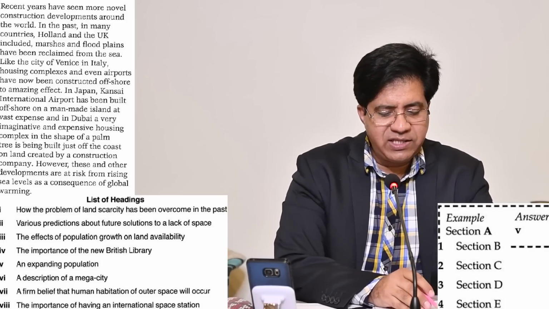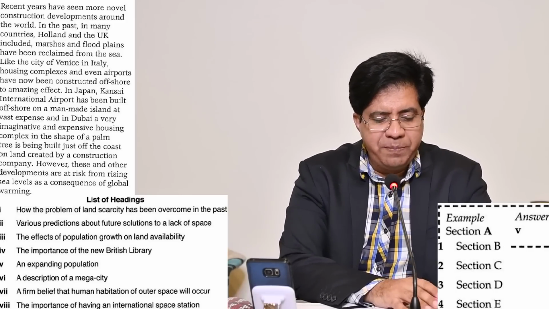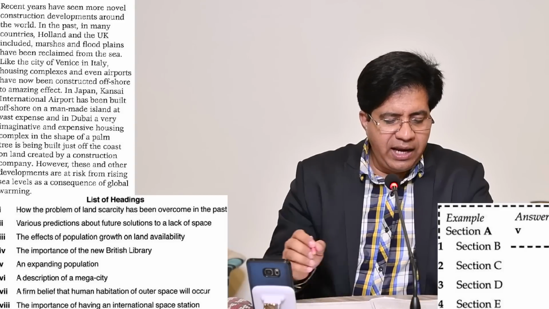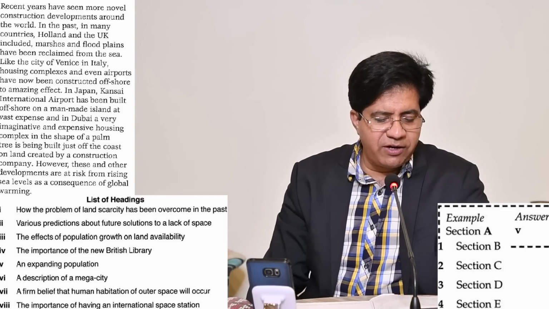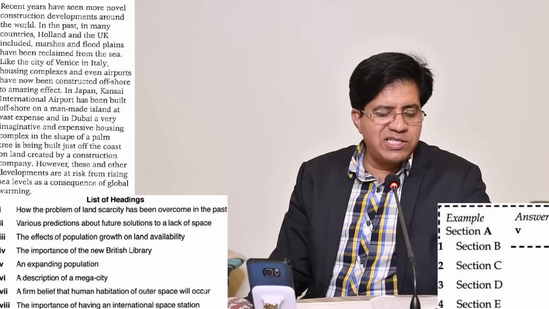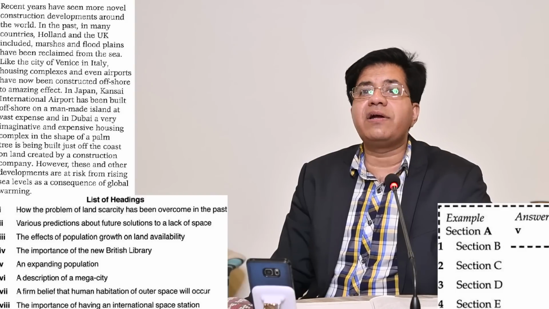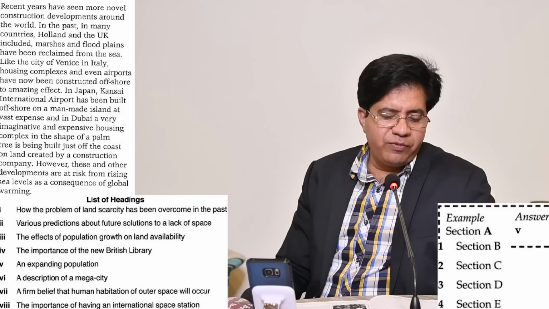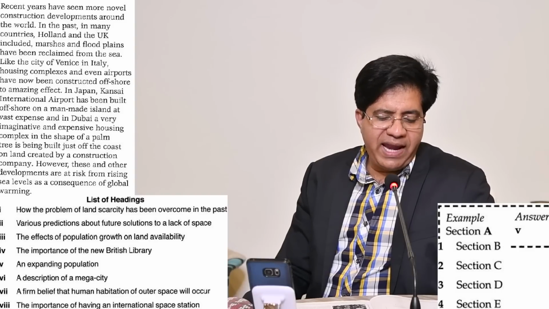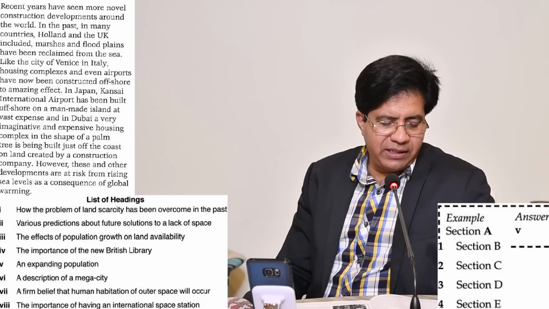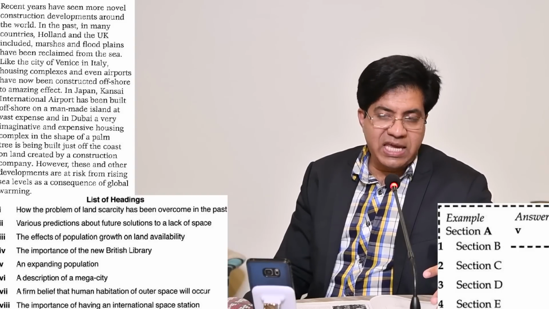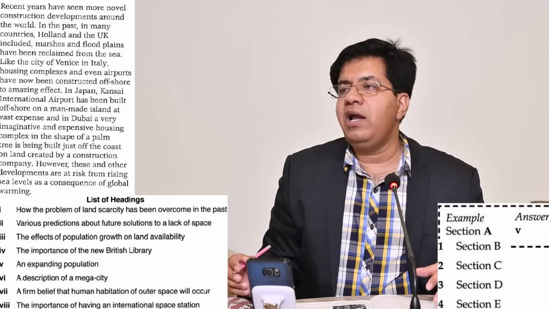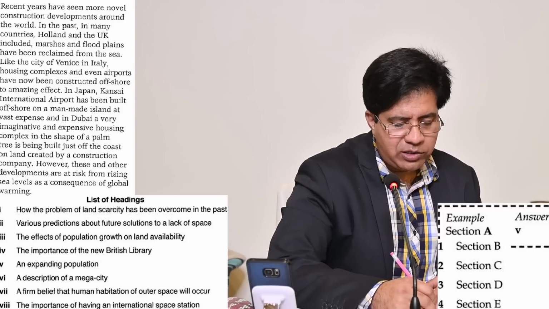They've said living and working has been to build upward, right? And then they go on and talk about other stuff like underground. There has also been a tradition for building underground. So from these 2 sentences, we understand it's heading number 1, how the problem of land scarcity has been overcome in the past. For section C, the right answer is heading number 1.